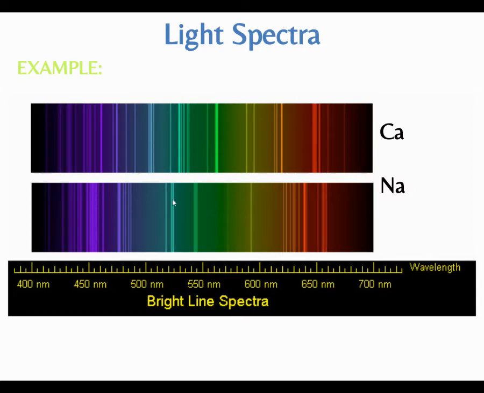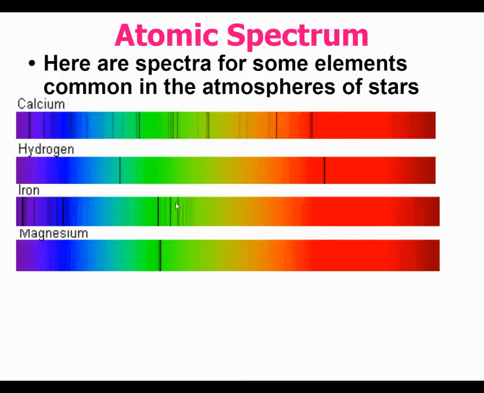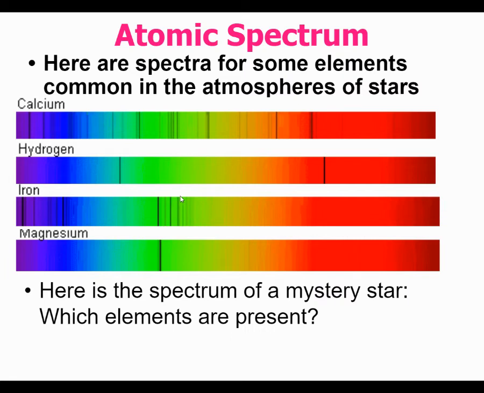If anybody's played the Spider-Man games, they do a play on the light spectra with one of their mini games in the new Spider-Man game. And then the atomic spectrum: these are the common ones that we see in the atmospheres of stars, so iron, magnesium, calcium, hydrogen. This is what we'll see come out of those stars. That's why we see things like red giants, yellow dwarfs, things like that.